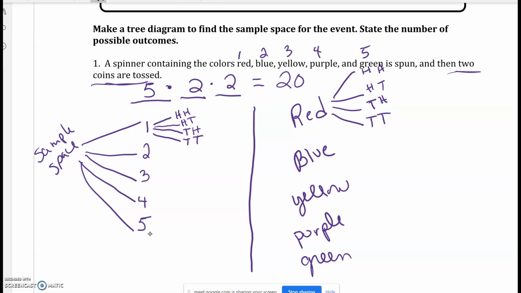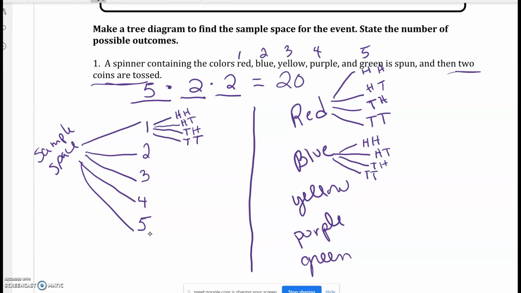Is there any other possibility? No, that's it. And so then you do that for the blue. The blue could have two heads tossed with it. It could have a head and a tail, a tail and a head, and then lastly two tails.